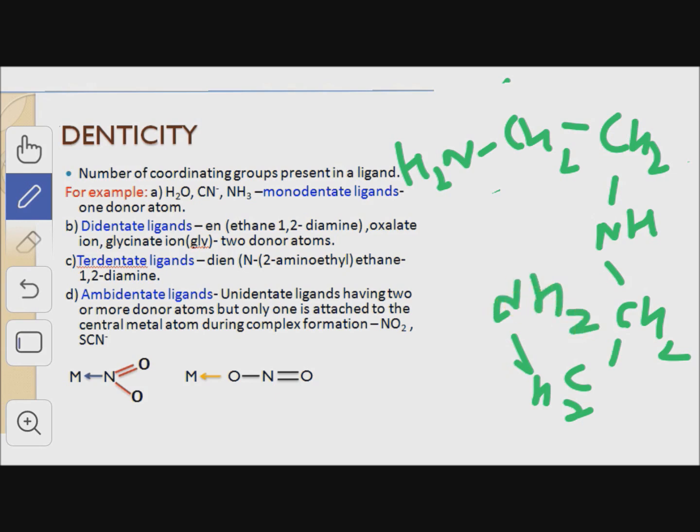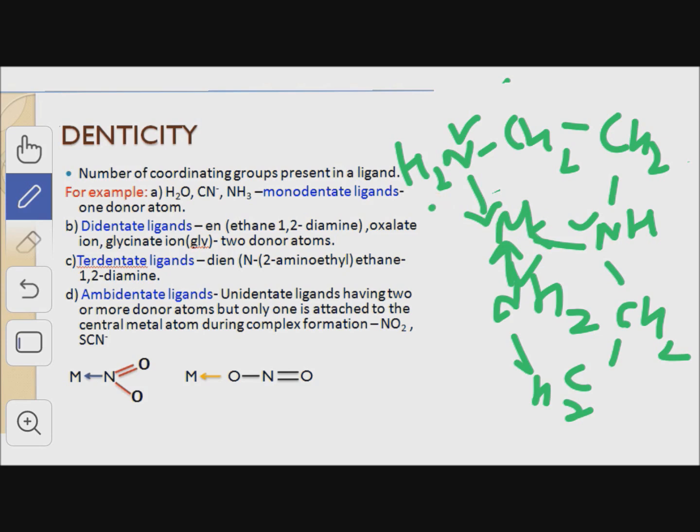It has three nitrogen atoms which are donor atoms, and they form coordinate bonds with the central metal atom. And this is the formula of dien.